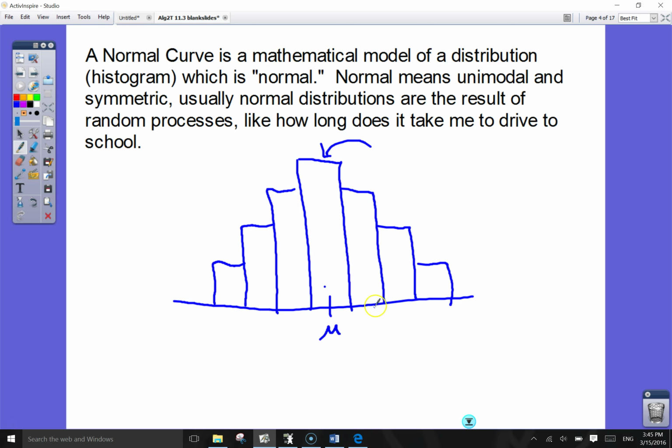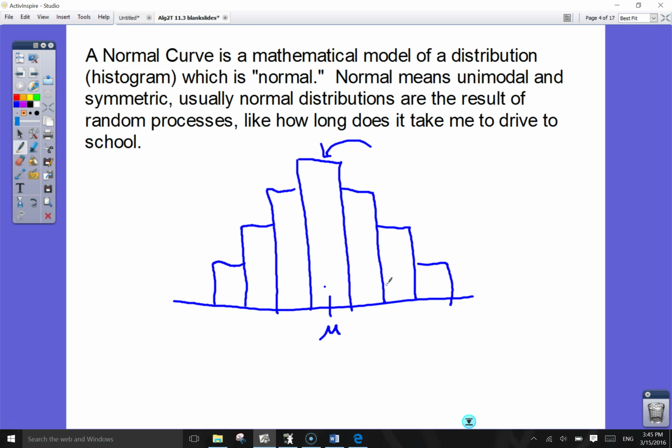Why is it random how long it takes me to get here? Well, think of the things that affect how long it takes me to get to work. How many traffic lights do I hit? What's the traffic like? What about the weather? Maybe I'm driving more aggressively one day than another. All those things are kind of random inputs to the total length of time that it takes me to get to school.